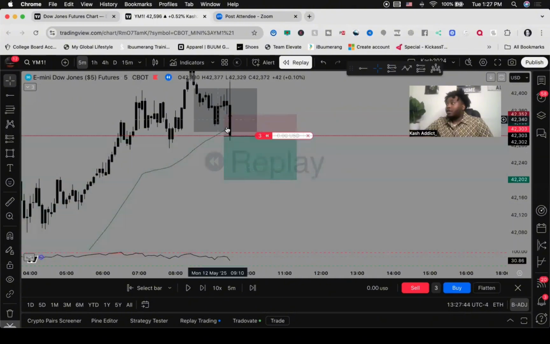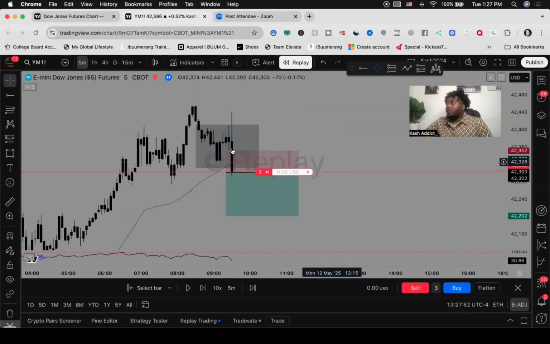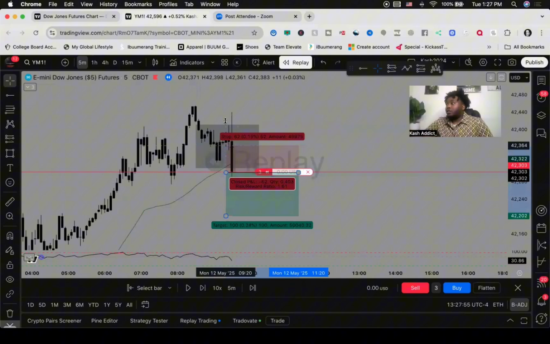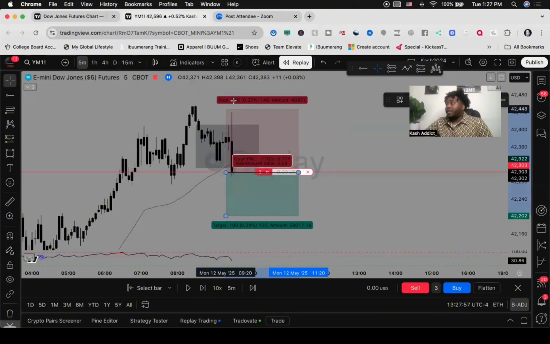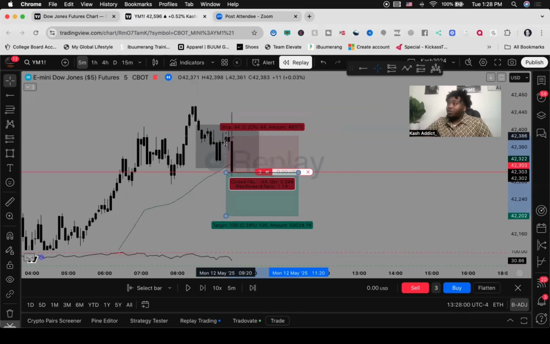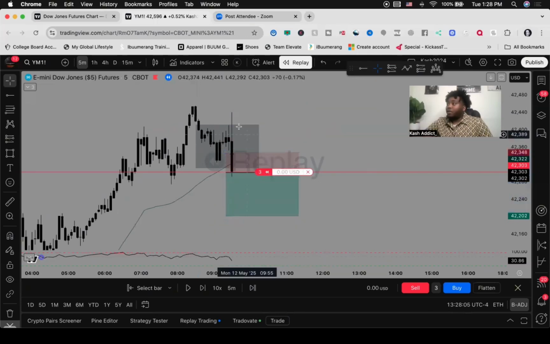Now, this trade right here is a little tricky just because our stop loss is in the middle of the actual candle. Now, let's see if we brought it all the way up to this high. As you see, it's 146 points. That's not what you want to do. So it's going to be a little tough. This one's going to be a little tough.